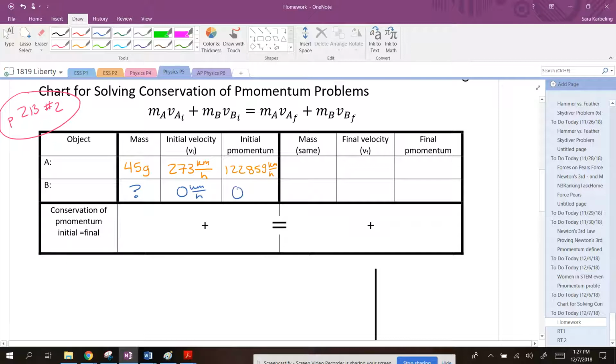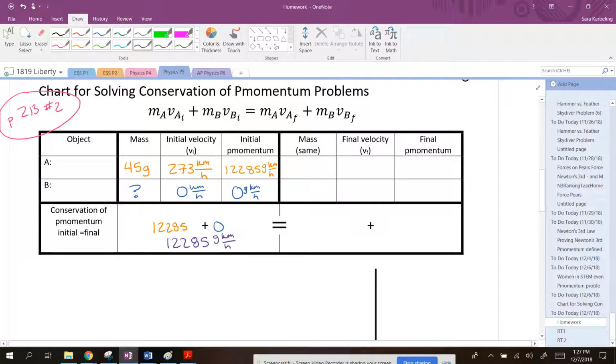So it's still 0 grams kilometers per hour. So then you've got 12285 plus 0 gives you a total of 12285 grams kilometers per hour. So far, so good? Okay.